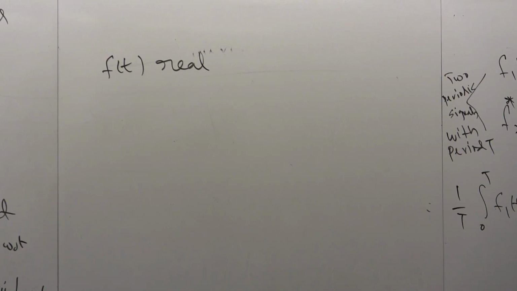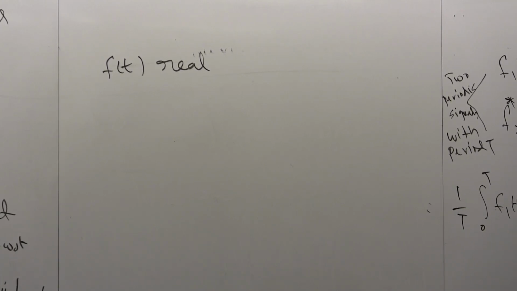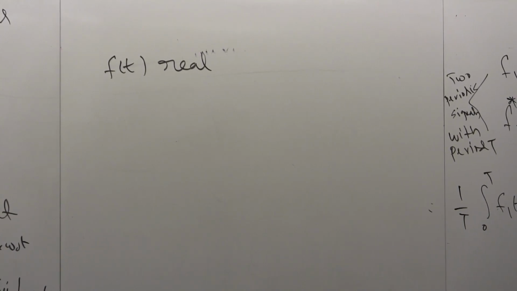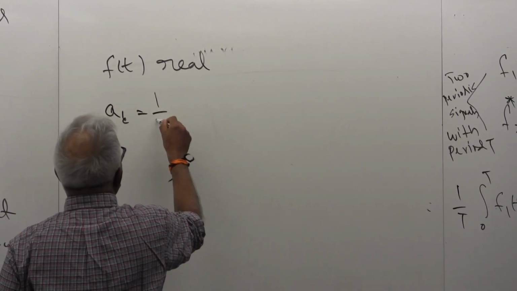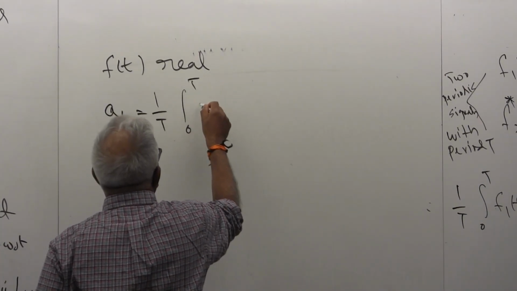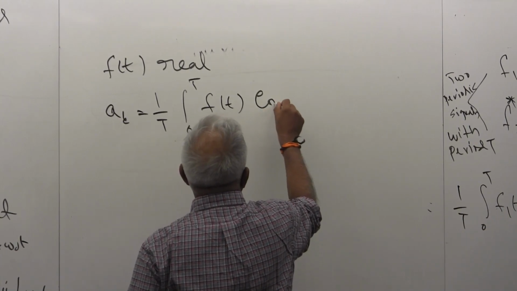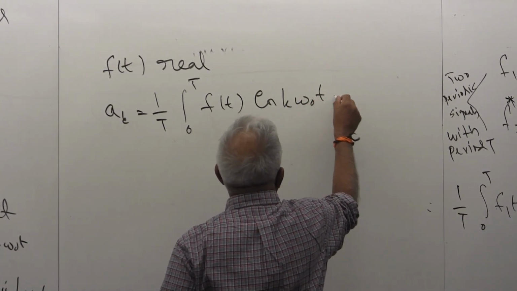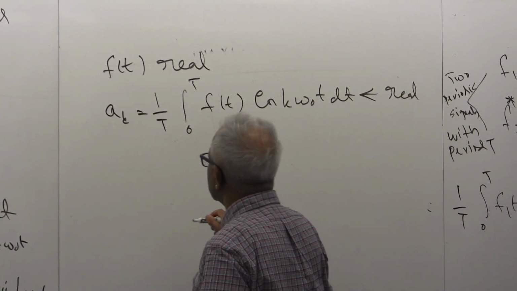I'm saying f(t) is real. If f(t) is real, Ak will be real, and Bk, imagine just Bk without the j, is real, right? So Ak, which is 1 over T integral 0 to T f(t) cos k omega naught t dt, is real, because f(t) is real.